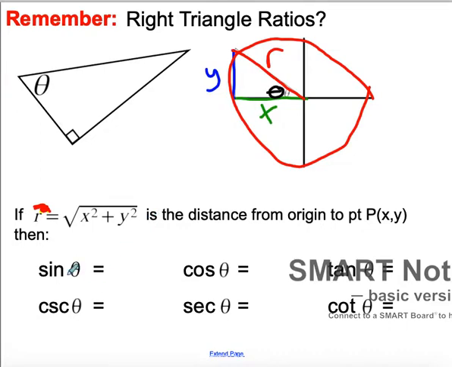And so if you can imagine, if we're talking about this angle, theta, the opposite of theta is y, and the hypotenuse is r. So that's basically the same thing, just another way to talk about sine. Cosine. X is adjacent over r, which is hypotenuse.